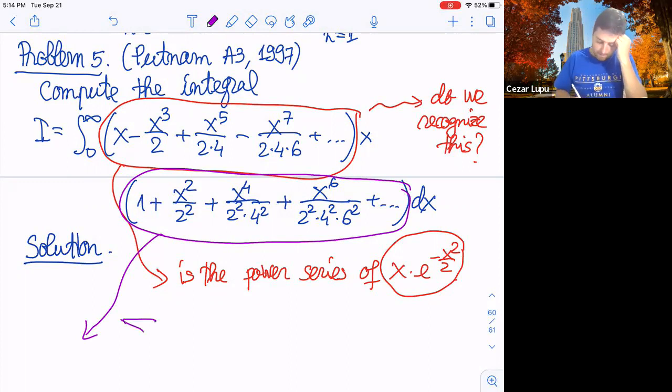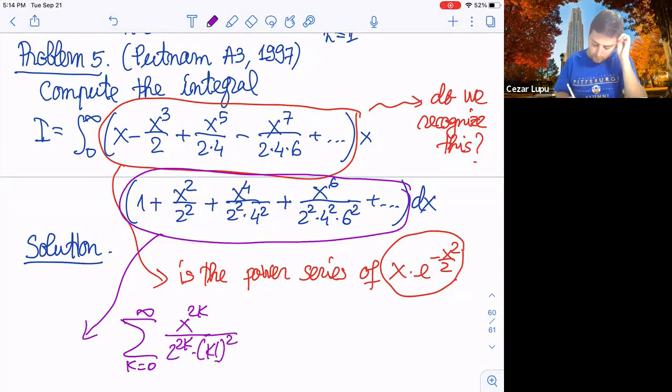So it's the sum, let's see, so I have 2 squared. So it's x to the 2k, right? Okay, so it's 2 to the 2k times k factorial squared. All right. So for k equals 0 it verifies, k equals 1, yeah, that's it. Great. Wow.